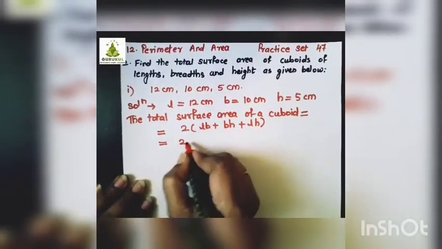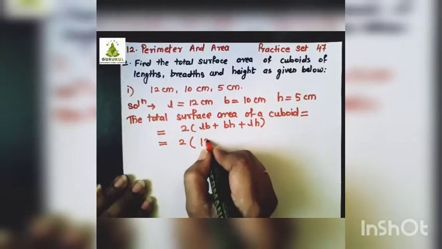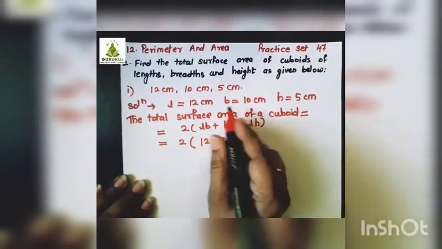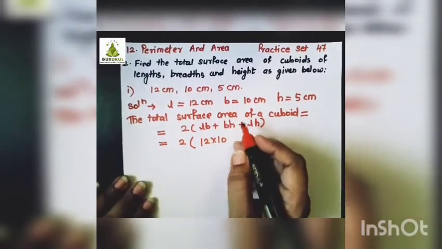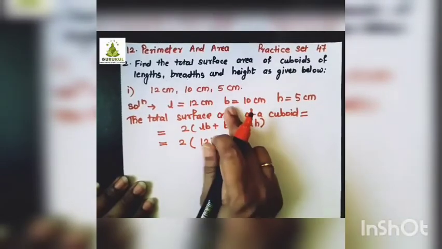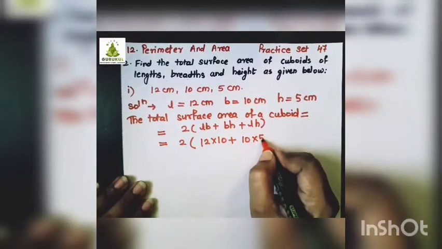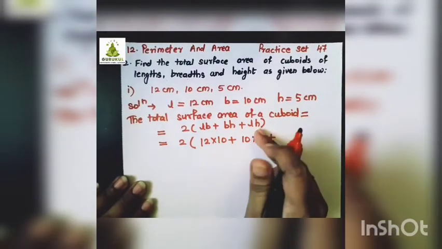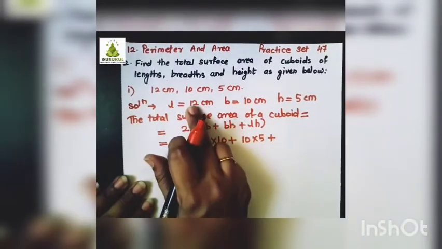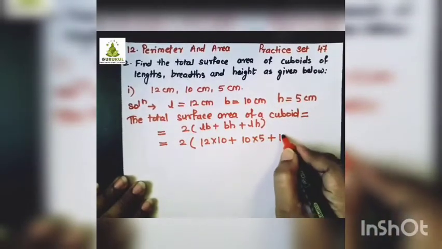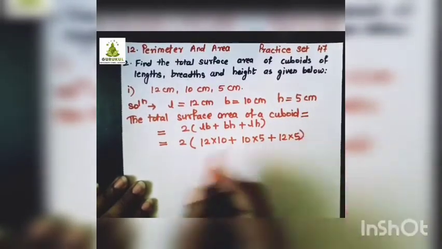We have to substitute the values. First one, it is 12 into 10 plus B into H, B is 10, H is 5, plus L into H, L is 12, H is 5, so 12 into 5.